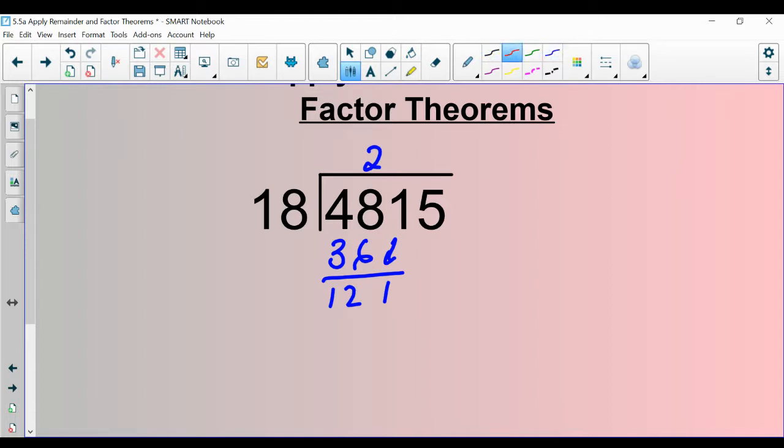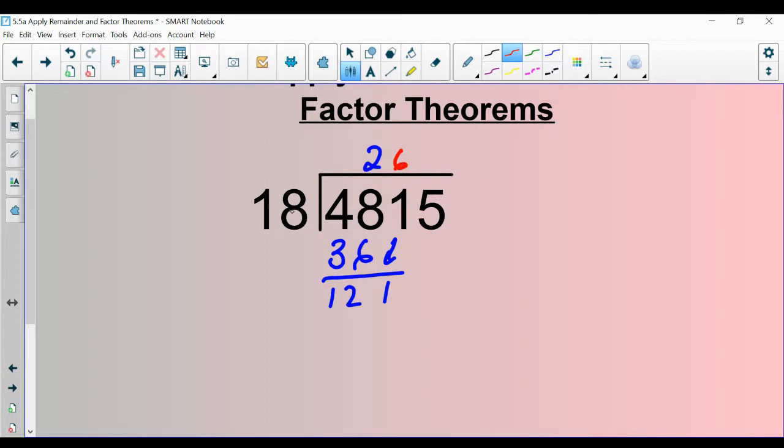Your next step is to ask how many times does 18 go into 121? Remember, last time we asked how many times does 18 go into 48? Now we move down and ask how many times 18 goes into 121. 18 goes into 121 six times. So the next part of our quotient is 6.